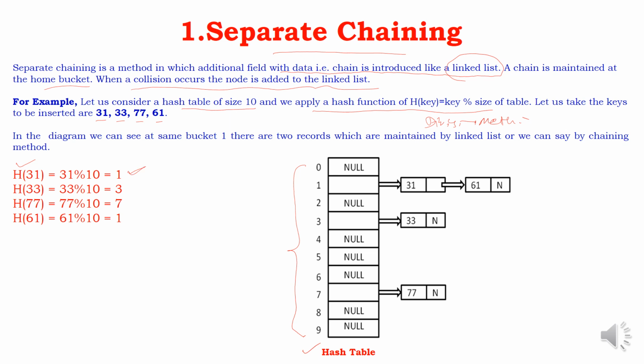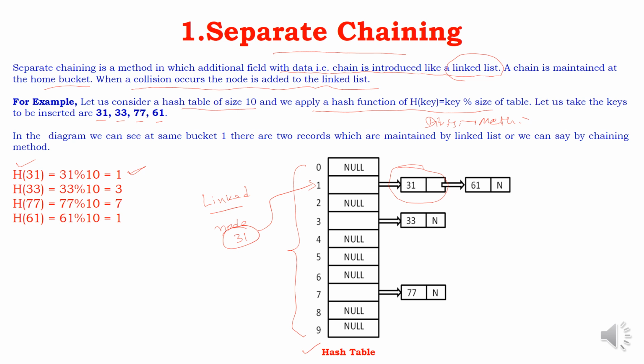In the place of 1 we have to place our 31, but it is used as a linked list concept. So it generates a node with information 31 and adds it to bucket 1. At index 1, it creates one node and adds that node at 1.